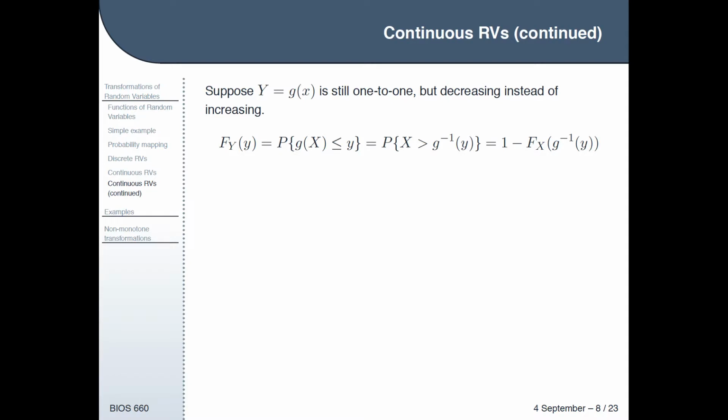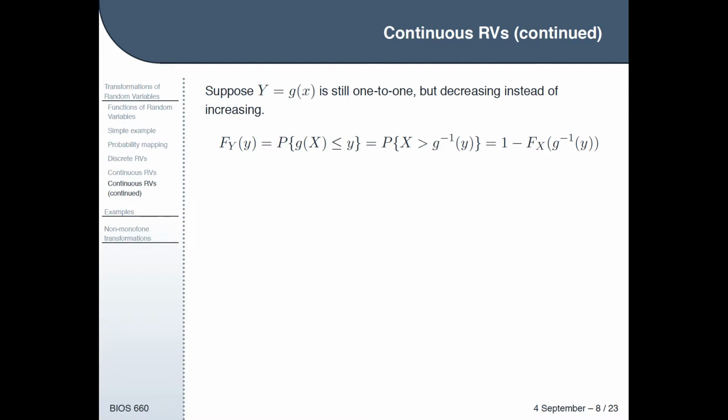And now let's make this a little bit more complicated. The g of x is still a one-to-one mapping, but it's decreasing instead of increasing. So in this case, we want to find the probability that g of x is less than or equal to y.